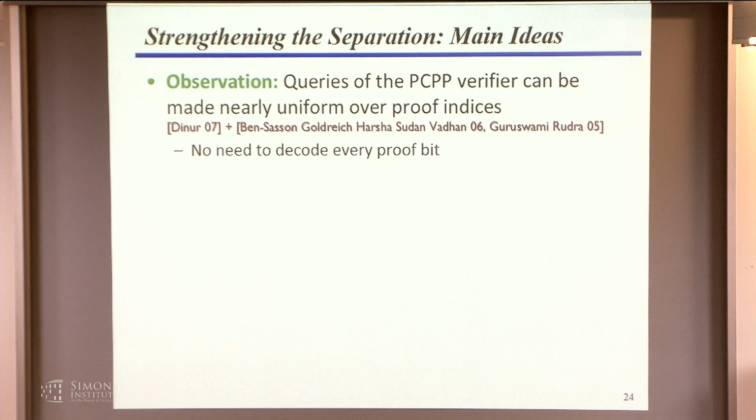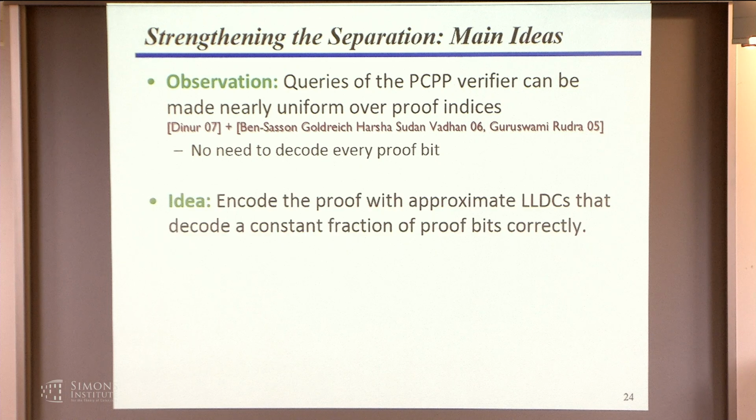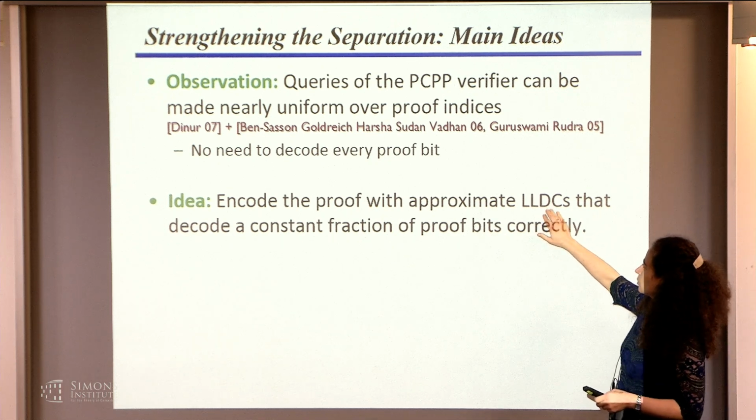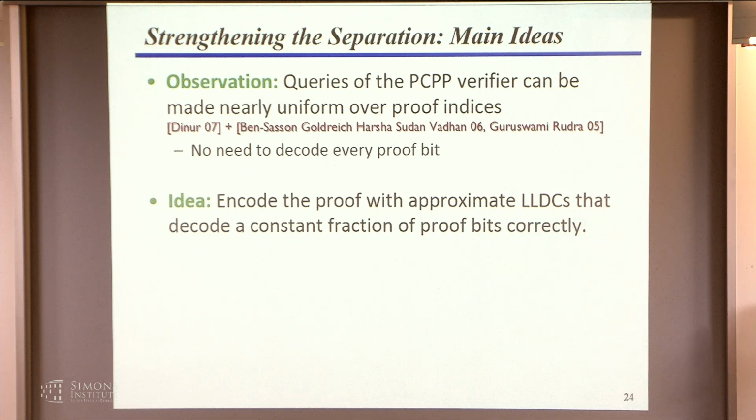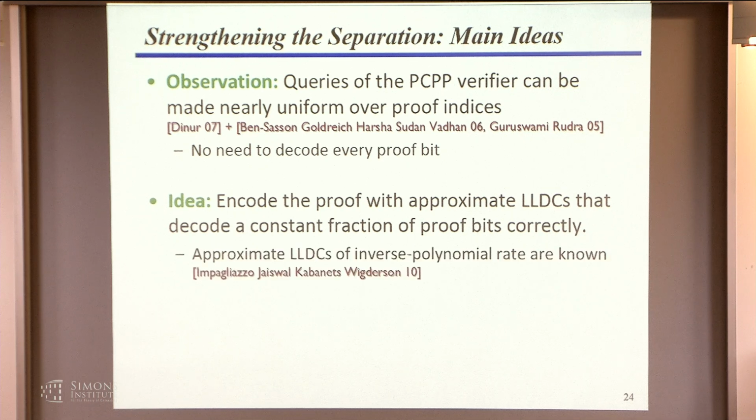So intuitively there is no need to be able to decode every single bit. The main idea in the strong separation is to encode the proof with an appropriate locally decodable code that decodes a constant fraction of proof bits correctly. They don't decode the whole proof correctly, but there is a guarantee that they decode at least a constant fraction.